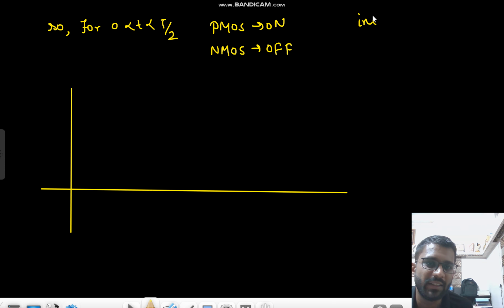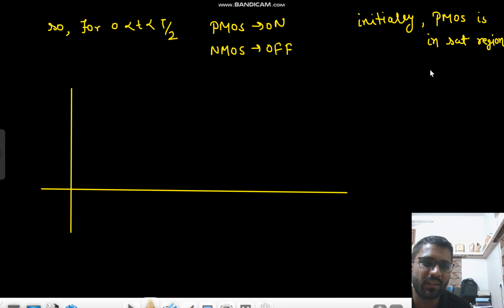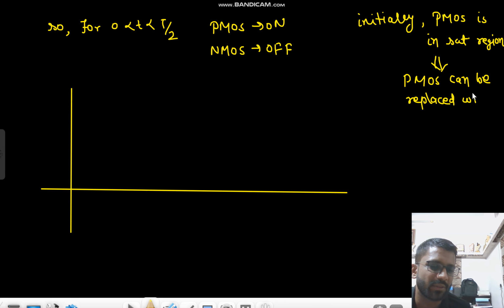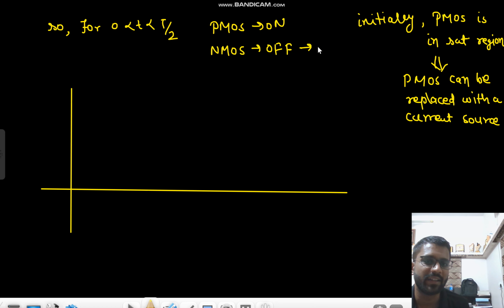If you draw the characteristics, initially PMOS is in saturation region. So PMOS can be replaced with a current source, and NMOS will be open circuited.